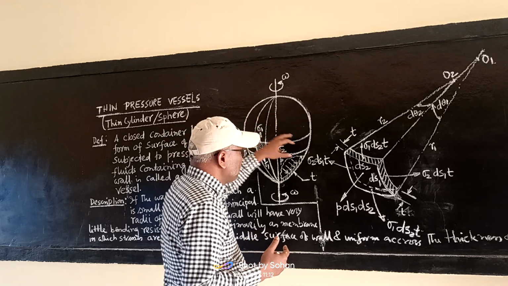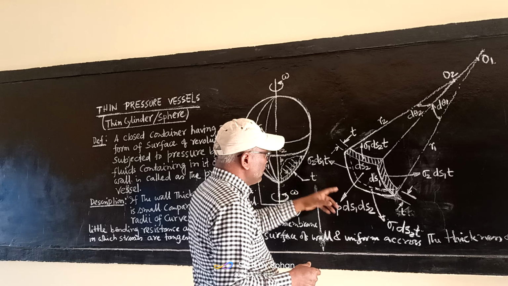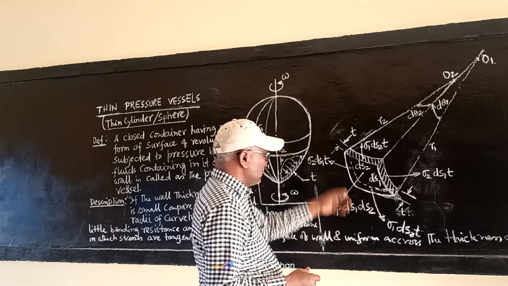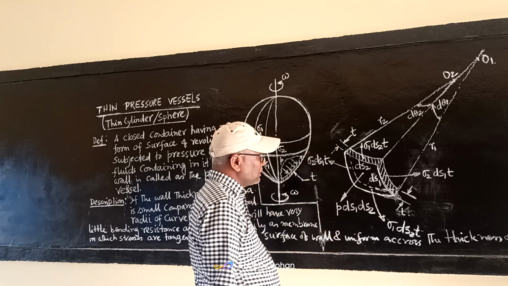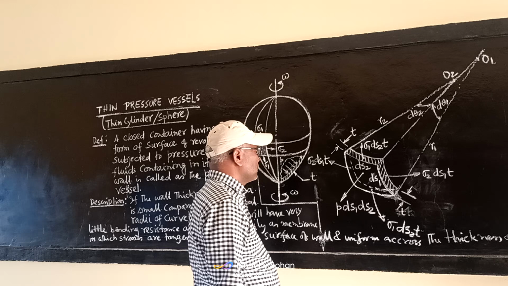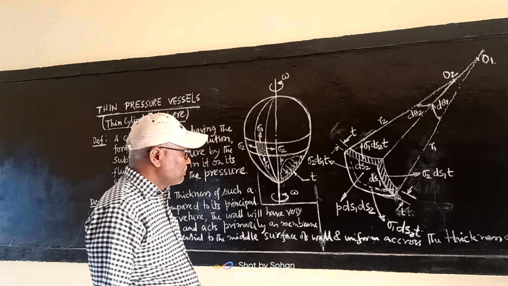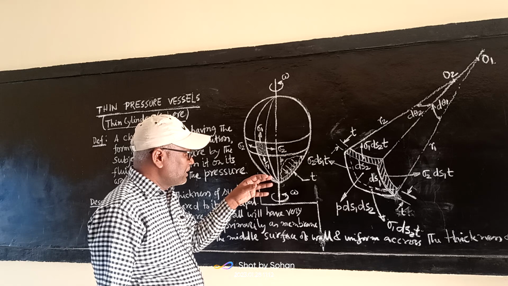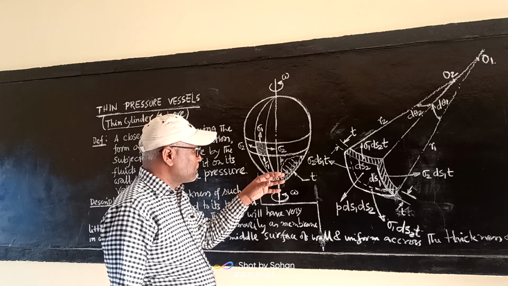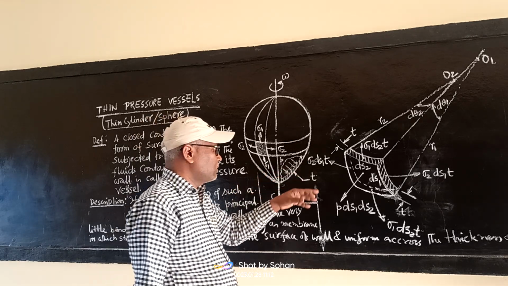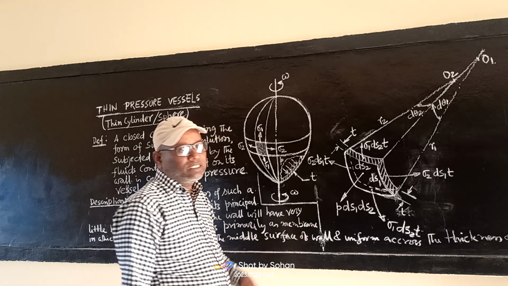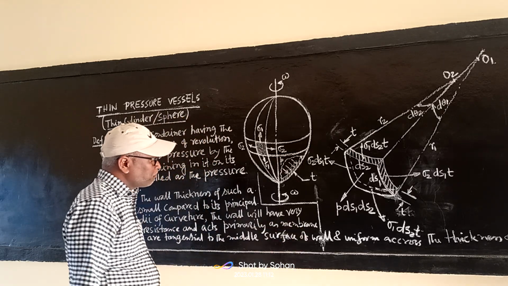So that will be subjected to some stresses, sigma 1 is the longitudinal stress, sigma 2 is the circumferential stress. The element dimension is taken as a small quantity, that is ds1 and ds2. ds1 is the longitudinal dimension and ds2 is the circumferential dimension.